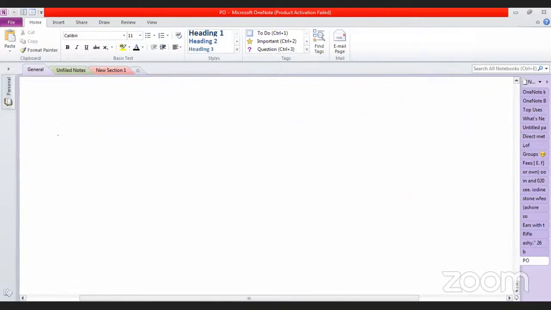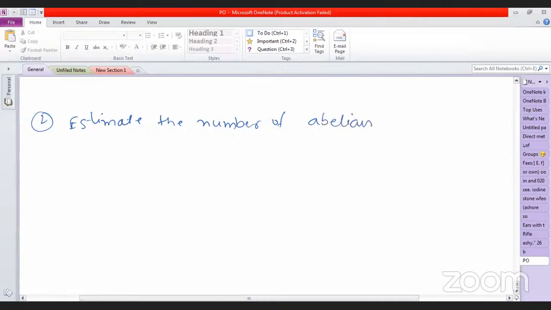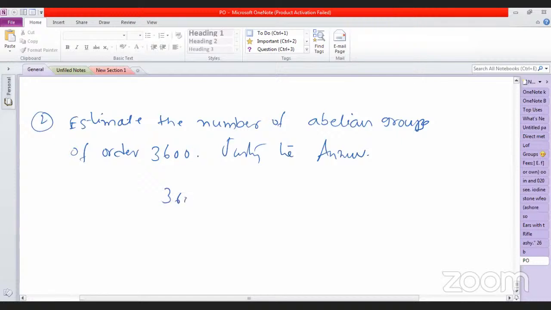Then estimate the number of abelian groups of order 3600. Justify the answer. So 3600, what do we have to write?